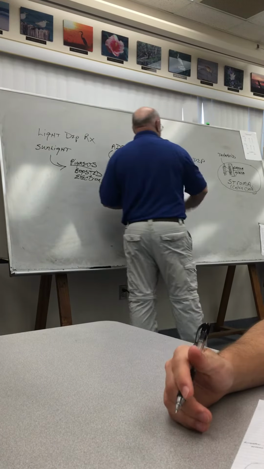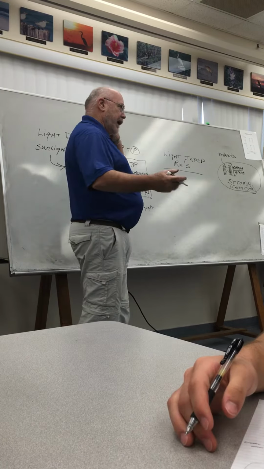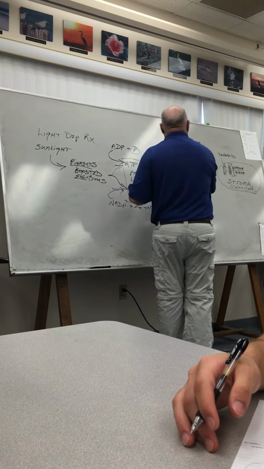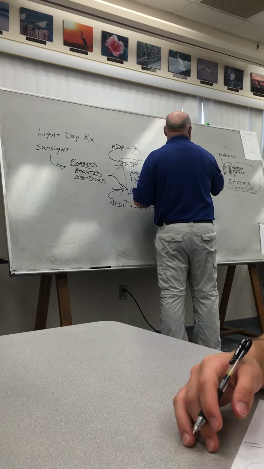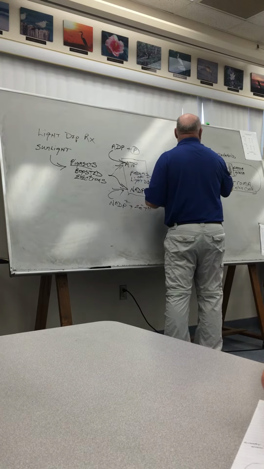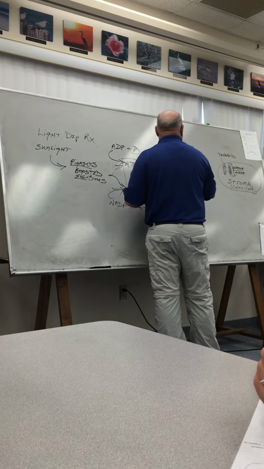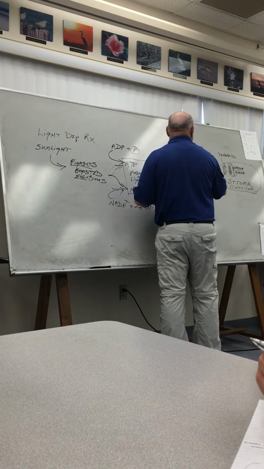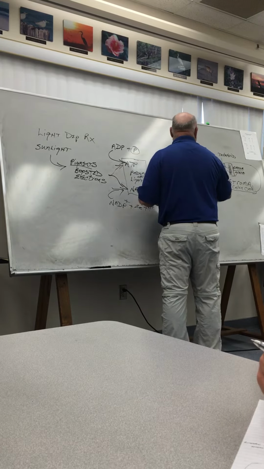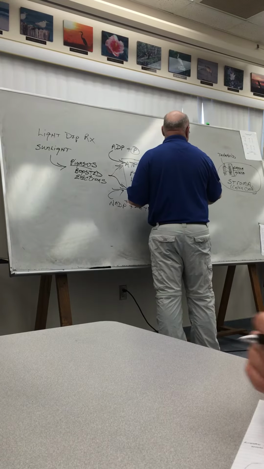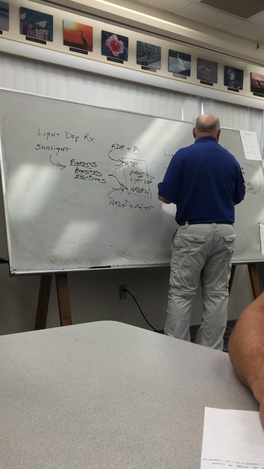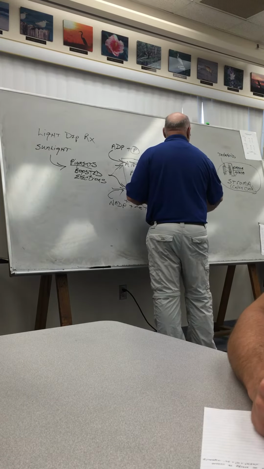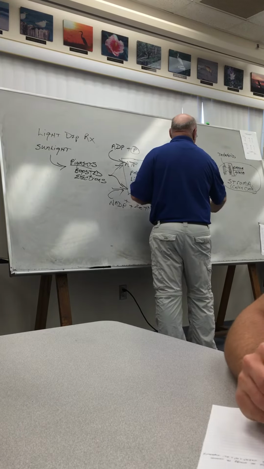I'm not going to look at the details of how that occurs right now, but it involves a series of reactions that are called fixing, or the fixation of carbon dioxide molecules into a carbohydrate. And the carbohydrate, as I said, is usually described as being glucose, although it doesn't have to be.